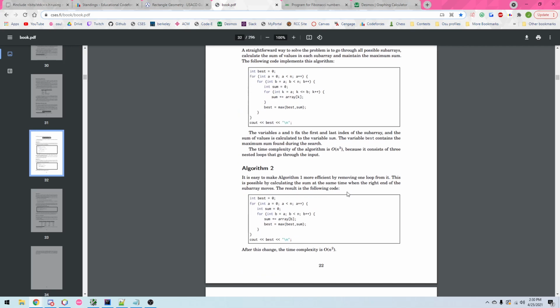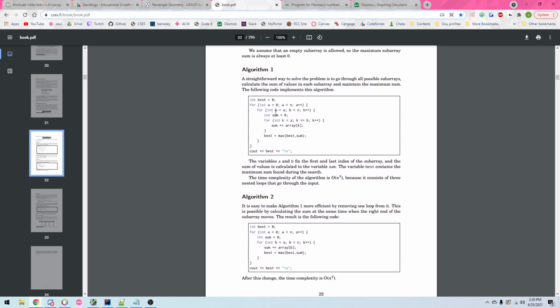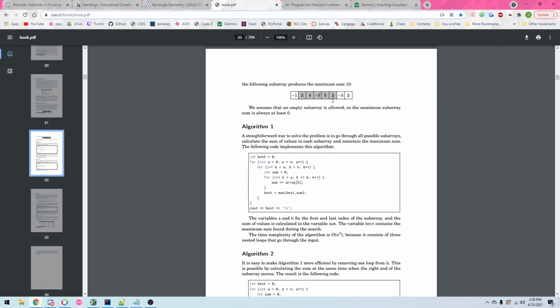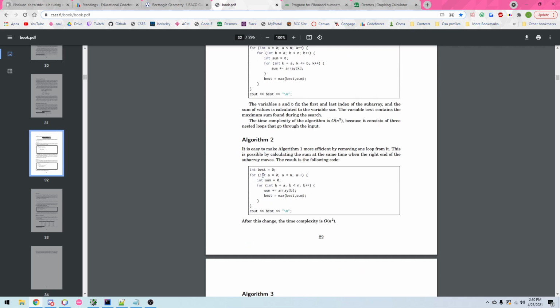So they give us a nice optimization for the next algorithm. What we're gonna do is, instead of having a left pointer and a right pointer and then making a third for loop to check everything from the left to the right, we're just gonna add that element at the same time we declare our endpoint.